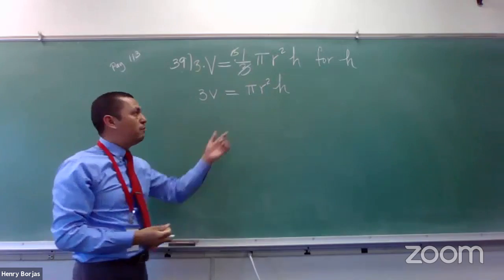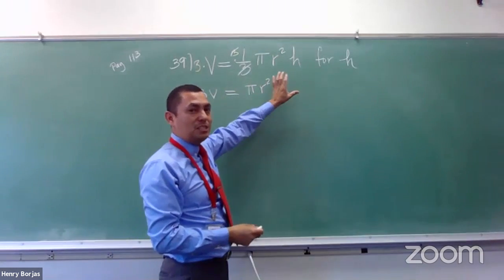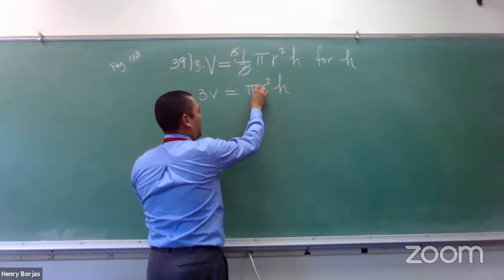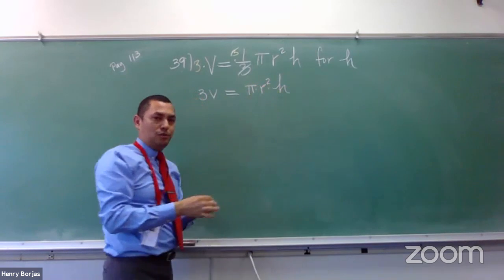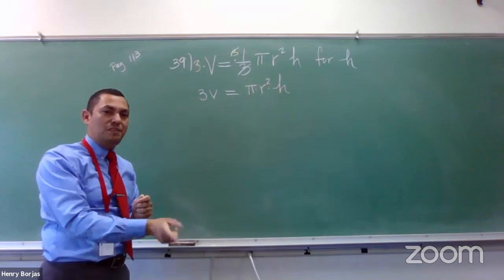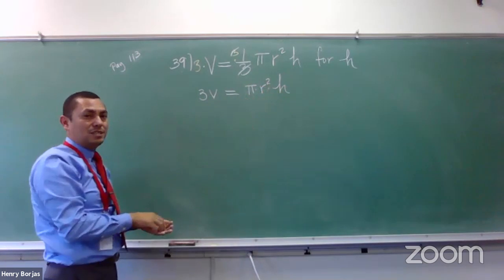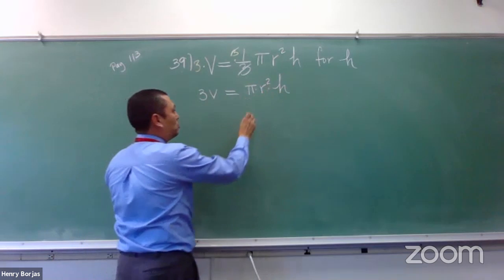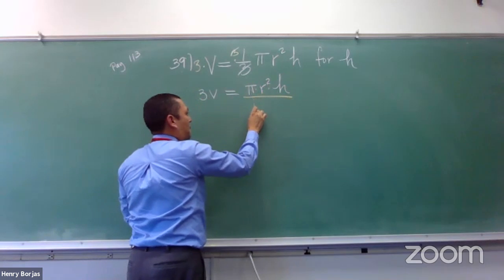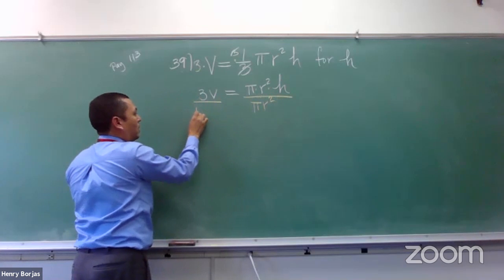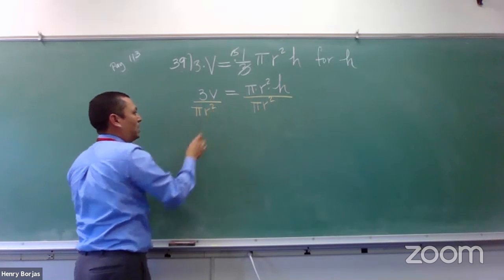Remember that we are solving for h. h is my variable to solve, and all this expression is a multiplication. So if we are multiplying, we're going to use division to move all these terms to the left side. So we're going to divide pi radius squared over pi radius squared.